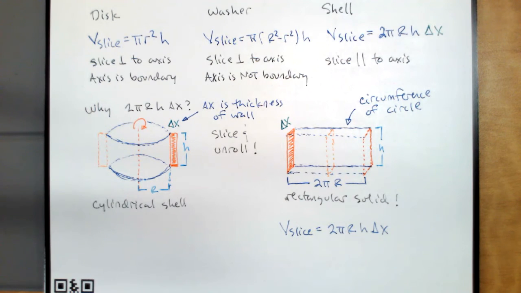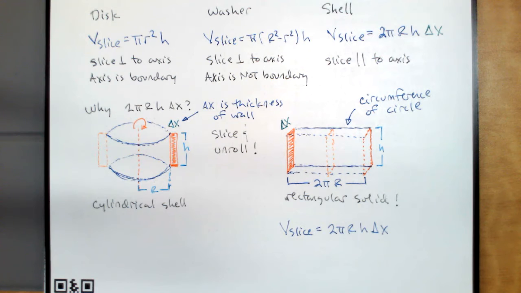Then you look to see if the axis of rotation is a boundary of the region or not. Slicing perpendicular, you're thinking discs or washers: pi r squared h, or pi times (R squared minus r squared) times h. Or you will decide to slice parallel to the axis of rotation, in which case you're doing shells, and you just start off by writing 2 pi r h delta variable.